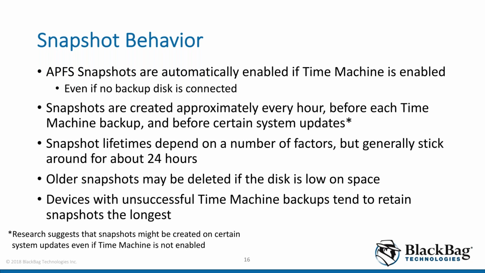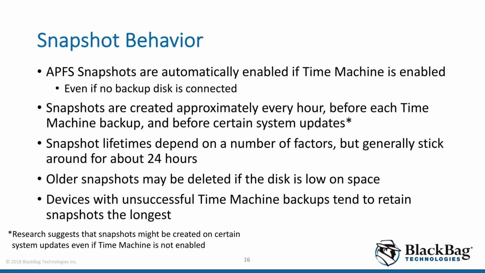If you manually trigger a Time Machine backup, it's actually going to trigger a snapshot before that backup happens. Also, before certain system updates, a snapshot will be created. Our research suggests that this might even happen if you do not have Time Machine enabled. Remember, these hourly snapshots only happen when you have Time Machine enabled.